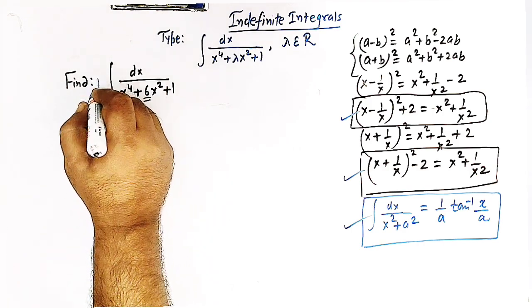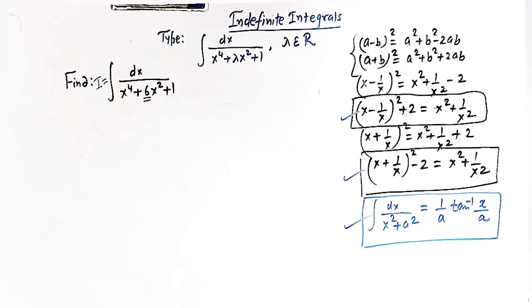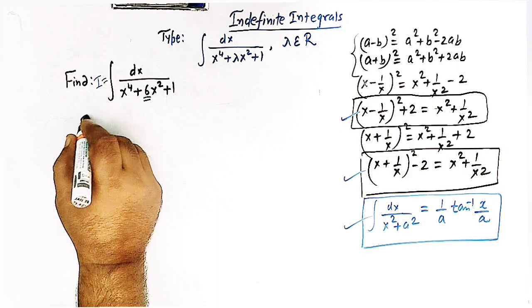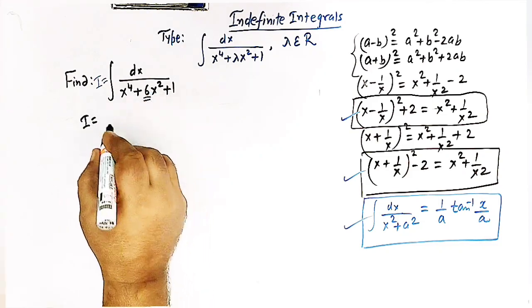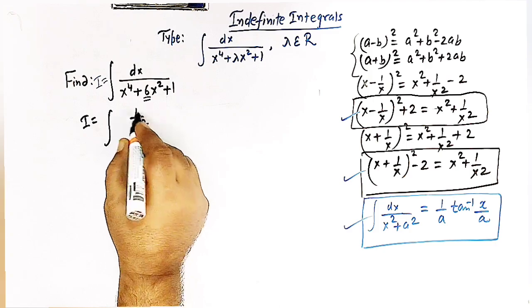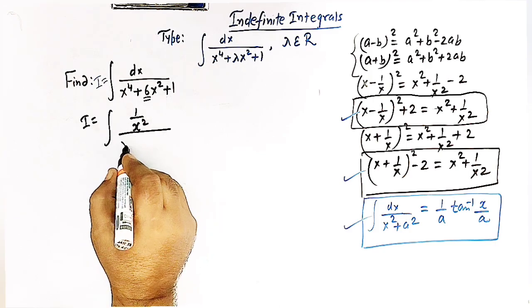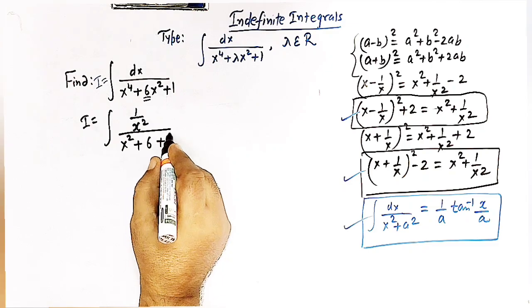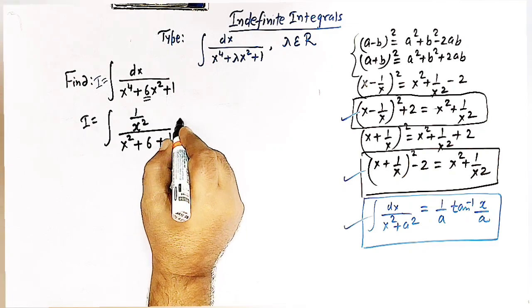So let us take this integral as I. So now let us divide the numerator and denominator by x square. So now this integral becomes 1 over x square, and here we have x square plus 6, and here we have 1 over x square, right?